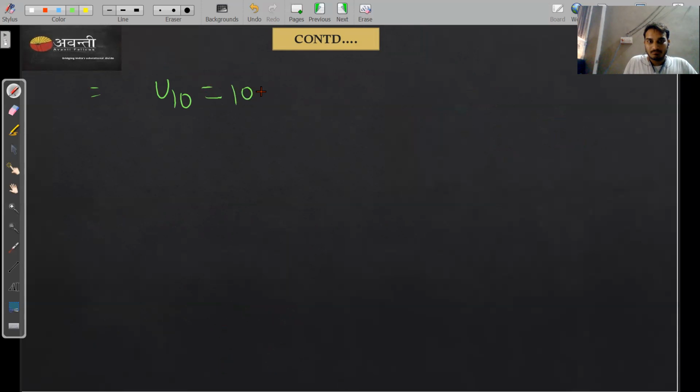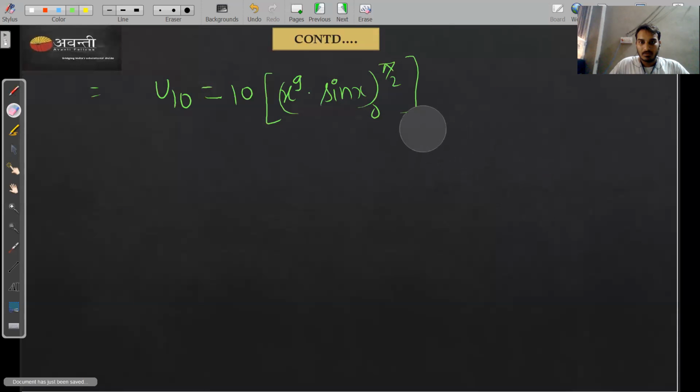10 times. Okay, now first function into integration of second. What is the integration of cos x? Sin x, right? And there is a limit from 0 to pi by 2, yes or no? Okay, now 10 is just outside the whole integration, right?